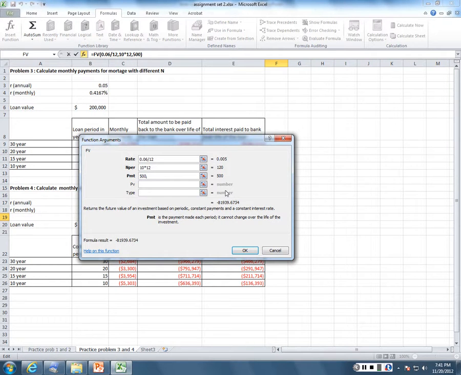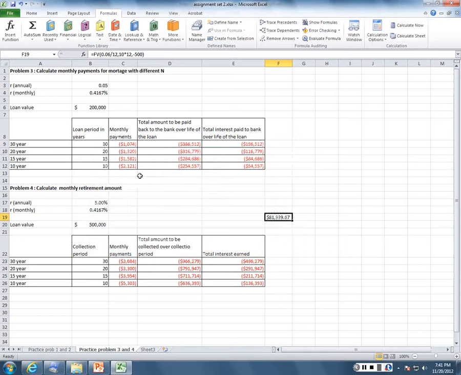The way the logic works for the time value of money is that if you put a positive number for PMT, it implies you're taking money out. The cash outflow, which means you're putting money in, is considered negative. So if you make this a minus, you'll get that number.